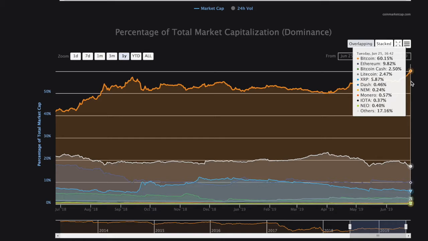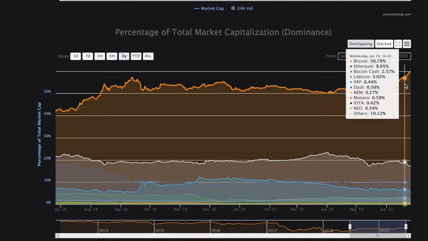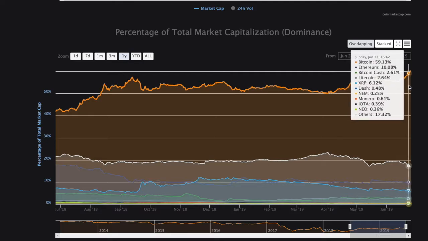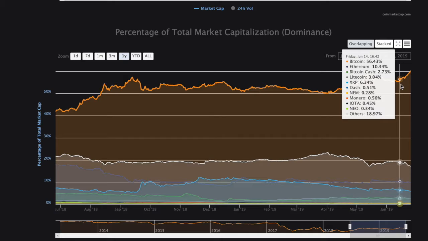Now, as you can see, everything else has been dropping significantly. So we're seeing that it's somewhat of a normal occurrence when BTC picks up dominance. Alts essentially drop, and basically their value against BTC drops. It makes perfect sense.